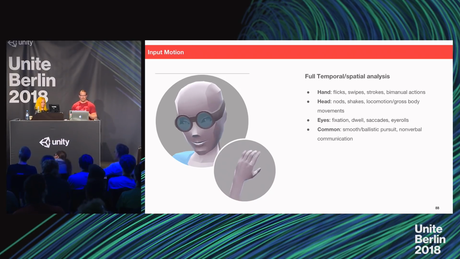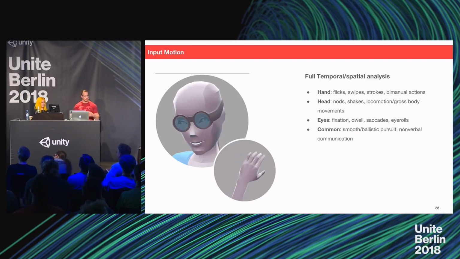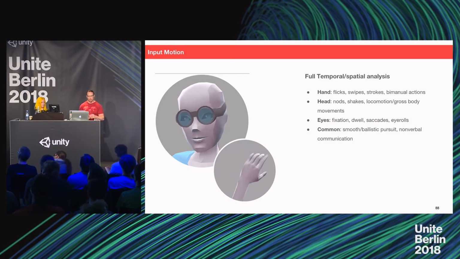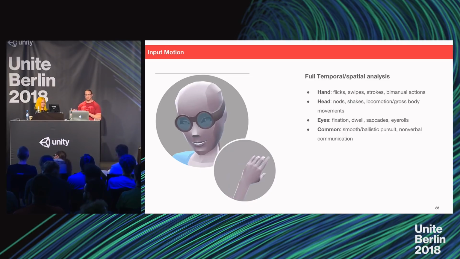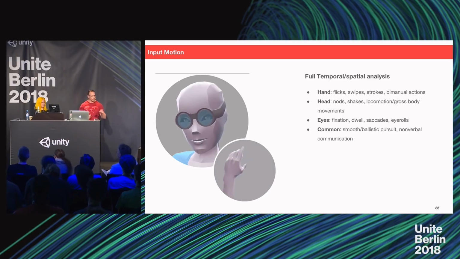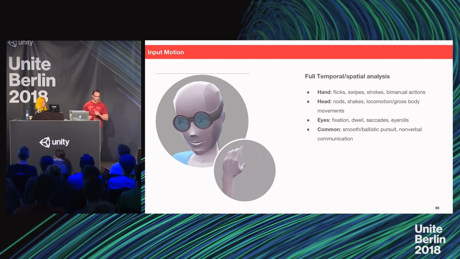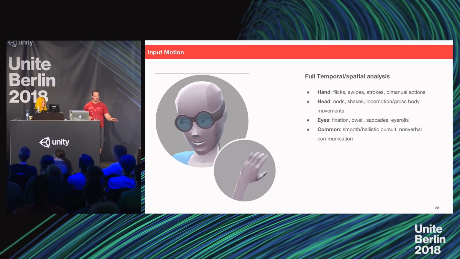And like I said, common amongst all of these streams are the types of motions that we do when we're following objects or when we're landing on an object, smooth and ballistic pursuit. So if there's an object down there and I go to point at it, let's say, my head is going to do a ballistic pursuit on that static object, my eyes are going to do a ballistic pursuit on that static object, and my hand is probably going to do a ballistic pursuit on that static object.